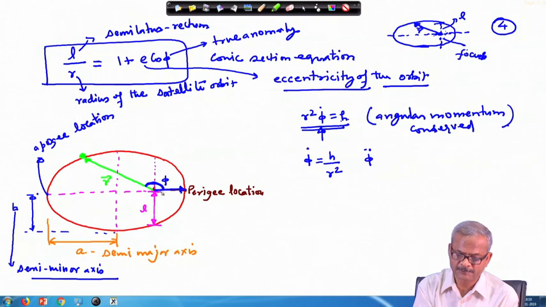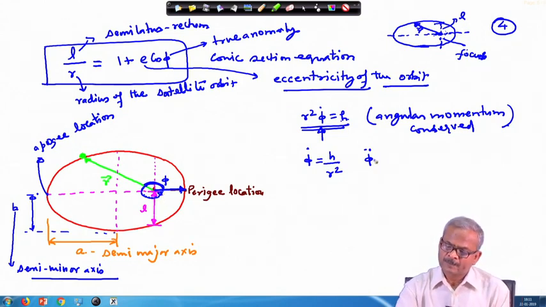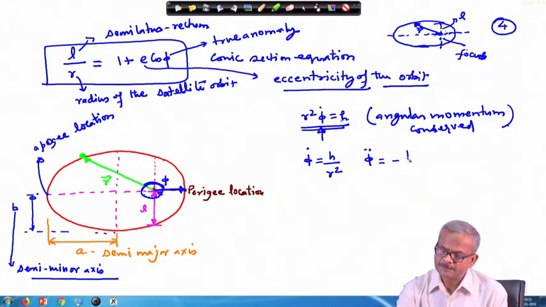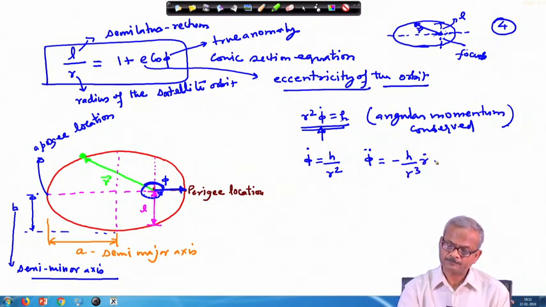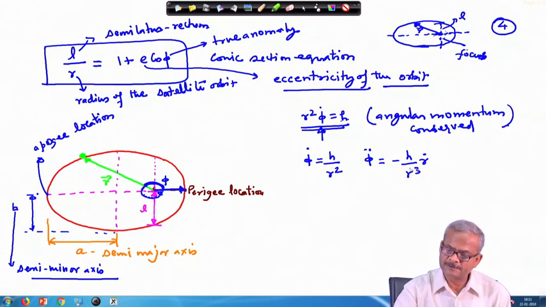As we move along the orbit from this place to this place, r keeps varying. So, phi double dot from this place is minus 2h by r cube times r dot. Now, r dot we have to insert here to get the complete solution.